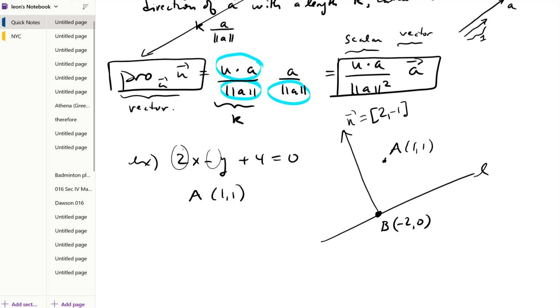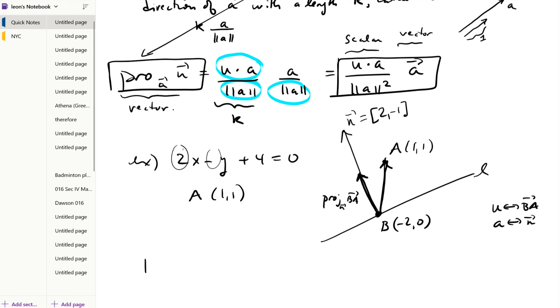I'm projecting u onto A. The u in this situation is vector BA, and A is vector n, in my formula. So what I want to do is calculate this projection of BA onto n, and I'm going to take its norm.